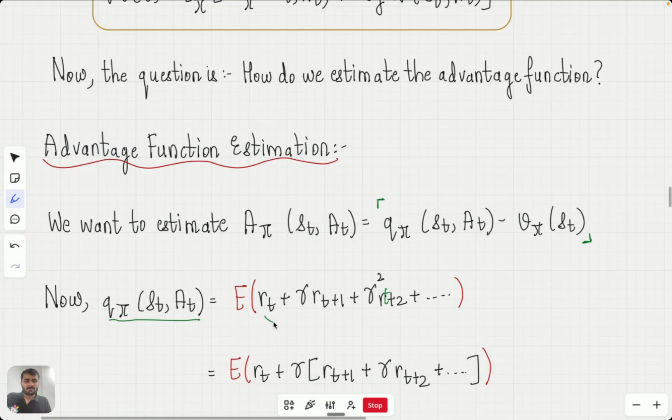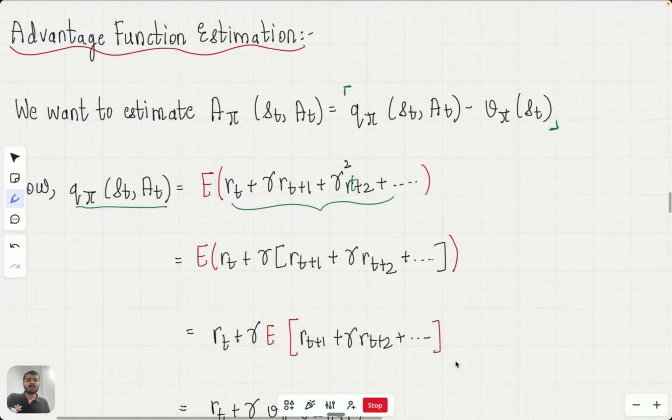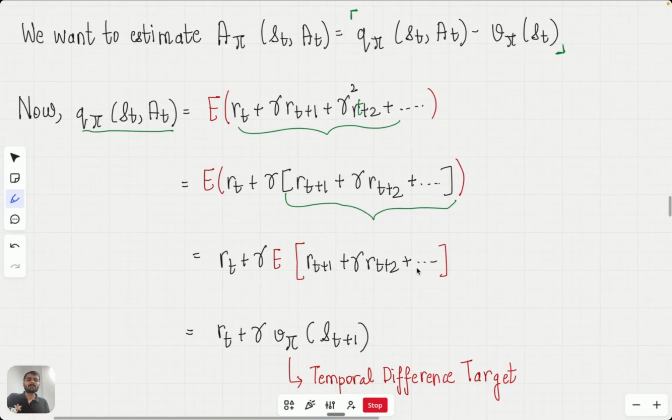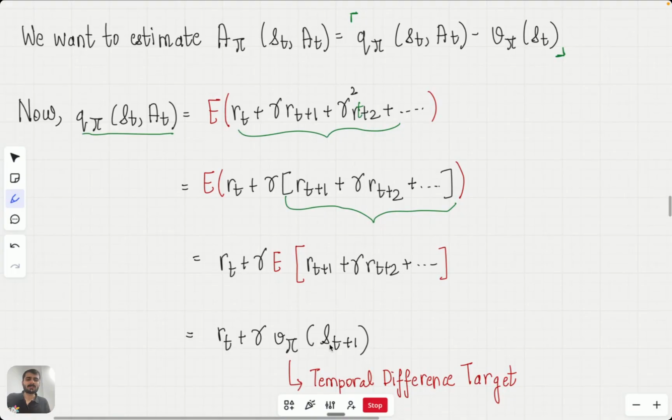Now the expression within the brackets can be written as the immediate reward plus gamma times rt plus 1 plus gamma rt plus 2 plus dot dot dot. Now this expression within the brackets, this expected value, is nothing but the value function for the next state.